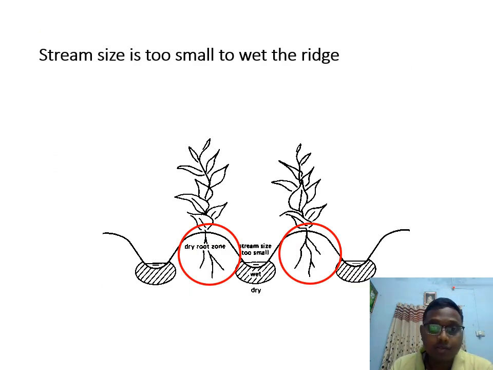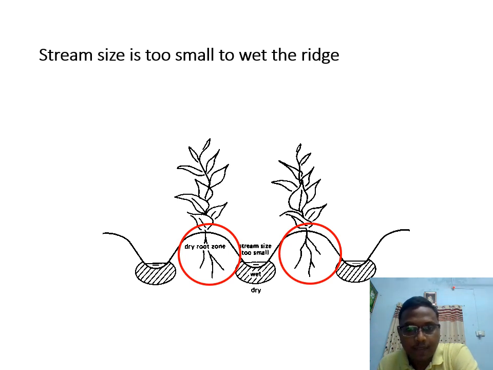Like the spacing, the stream size is also a deciding factor for the wetting pattern, or the amount of water required, the specific moisture in the root zone. In this figure you can see the stream size is very small.